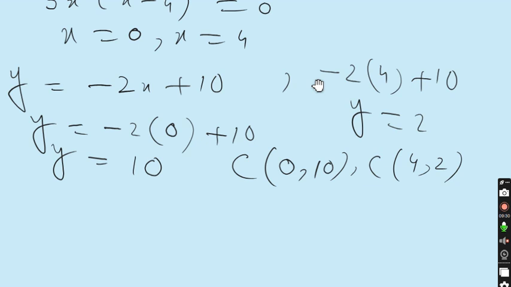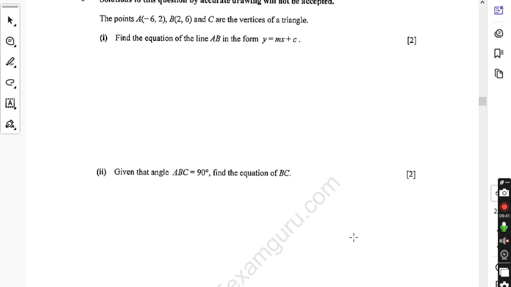So our final answer is C is (0, 10) and C is (4, 2). Hope you understand this question, and this is our today's class.